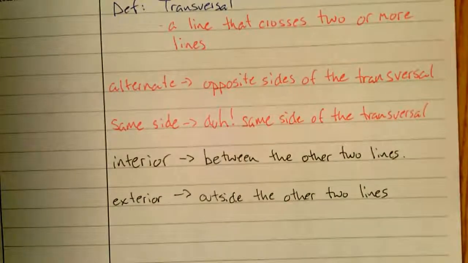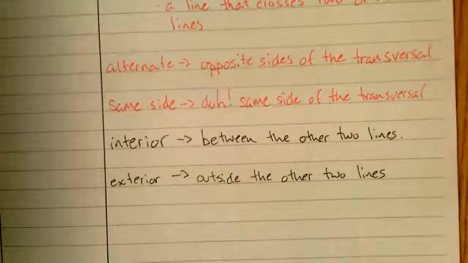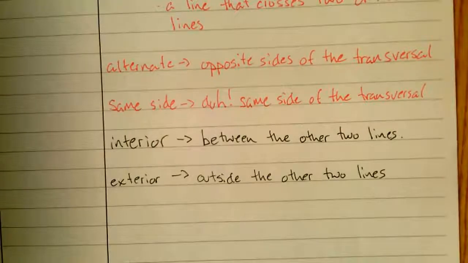So alternate, opposite sides of the transversal; same side, same side of the transversal; interior, between the two lines; exterior, outside of the two lines. Okay, next.